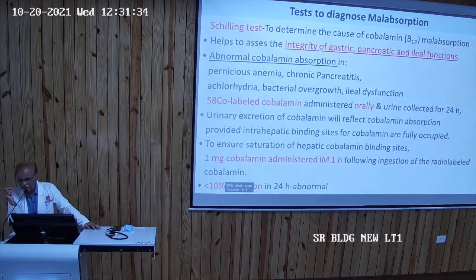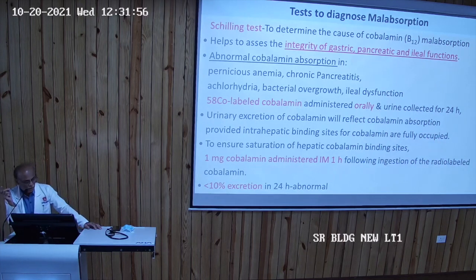If there is deficiency, that is due to abnormal cobalamin absorption, in cases of chronic pancreatitis, pernicious anemia, achlorhydria, that means stomach involved, bacterial overgrowth, that means colon involved, or ileal dysfunction. These all can be tested composite by this single test.